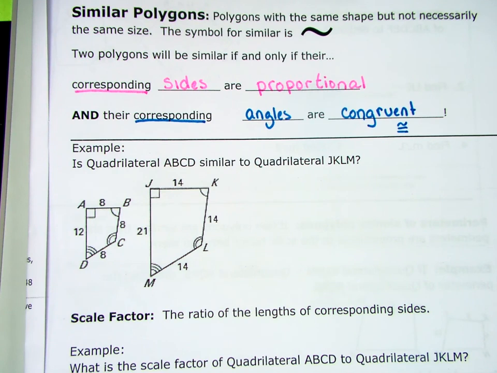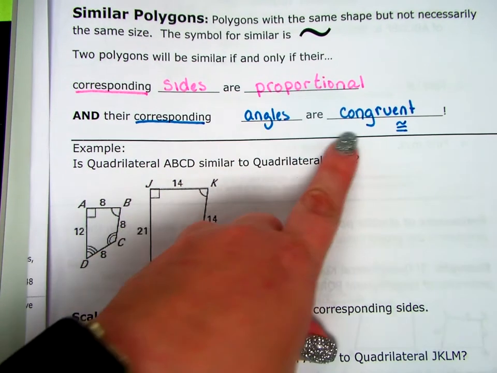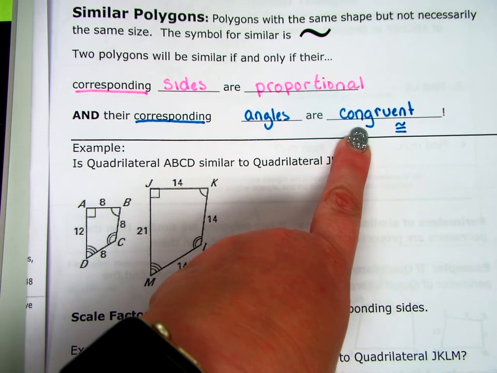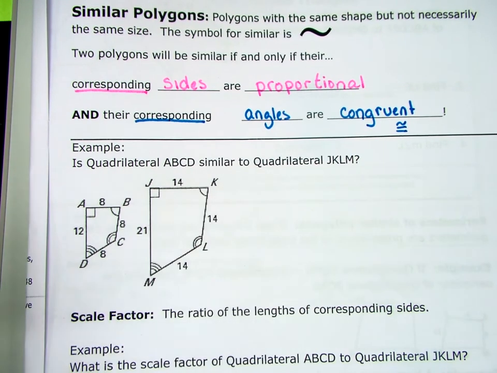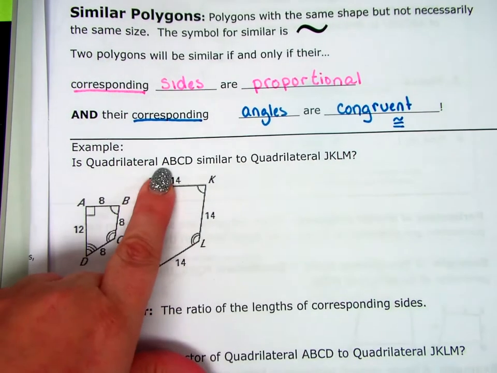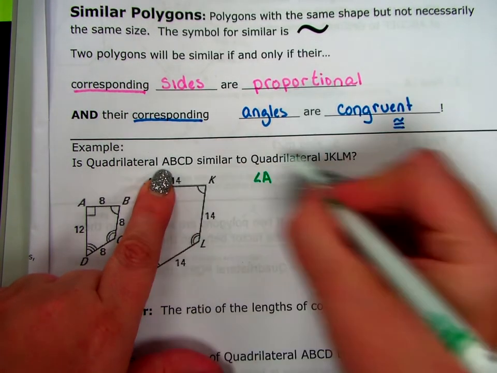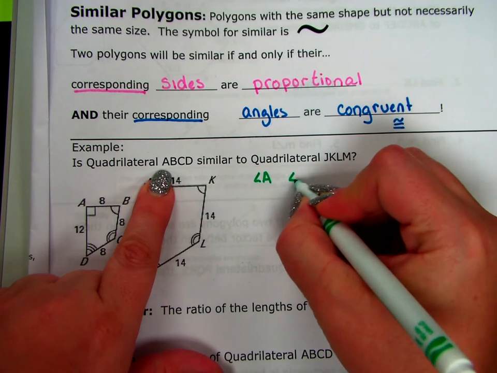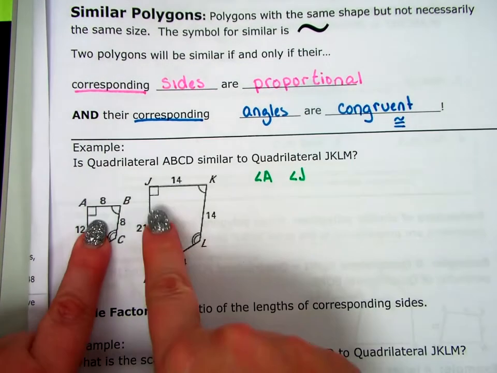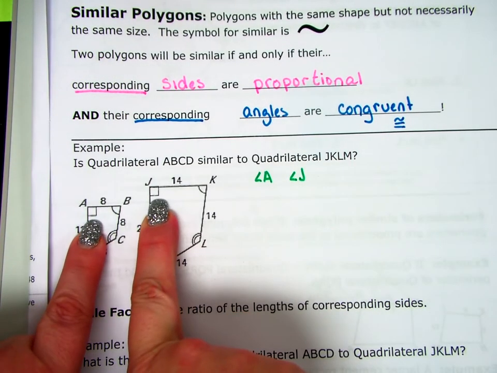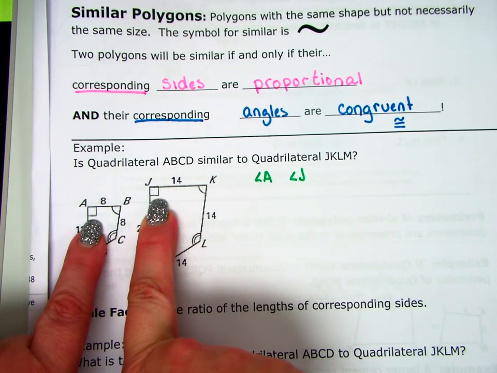Well, if they are, then their angles will all be the same, the corresponding ones. So that means the angles in the same spot. So when I look at my first letter here, angle A, and I compare it to the first letter here, angle J, are they the same? Yes. Yeah, they're both 90 degrees.